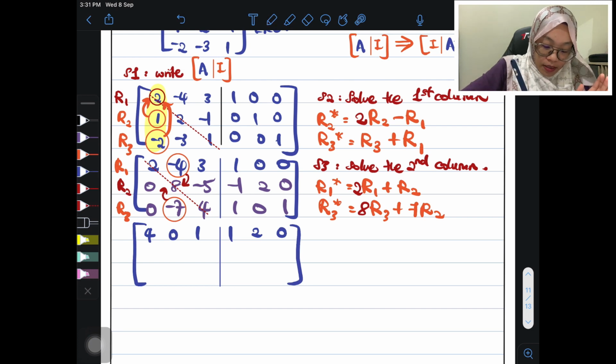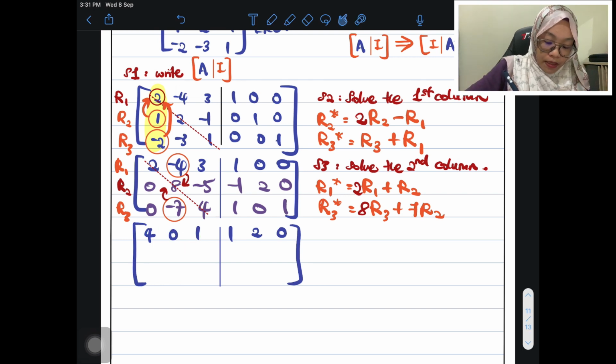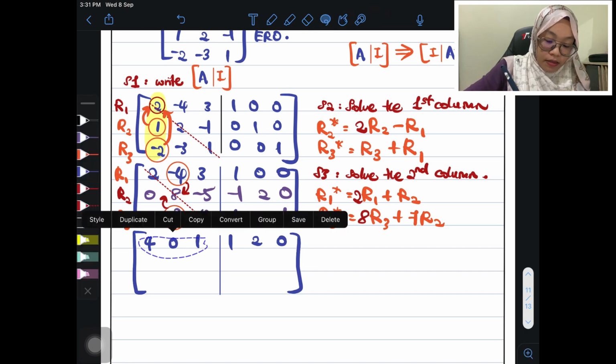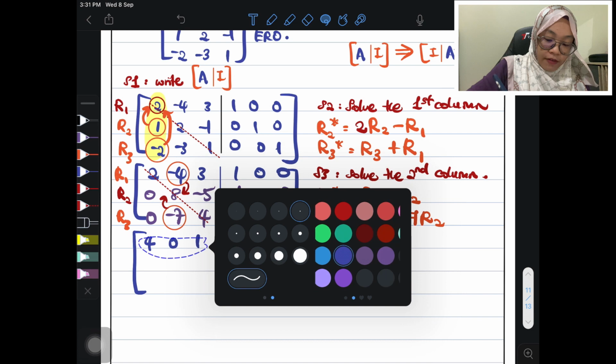So now here the third row will be fixed. The new third row will be 0, 0. Okay, I should use purple color. I want to show that the purple color is giving us the new row.